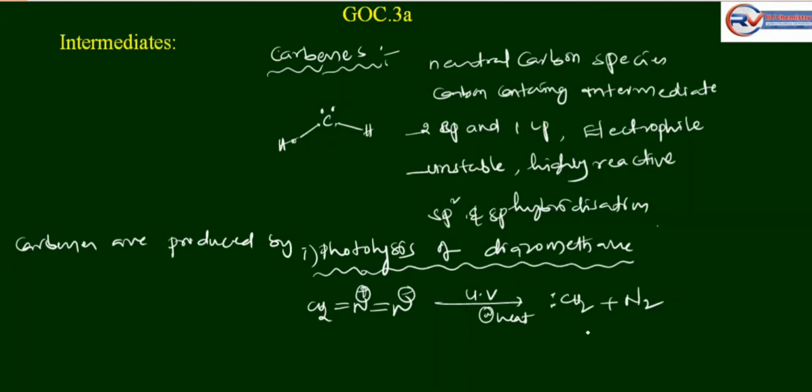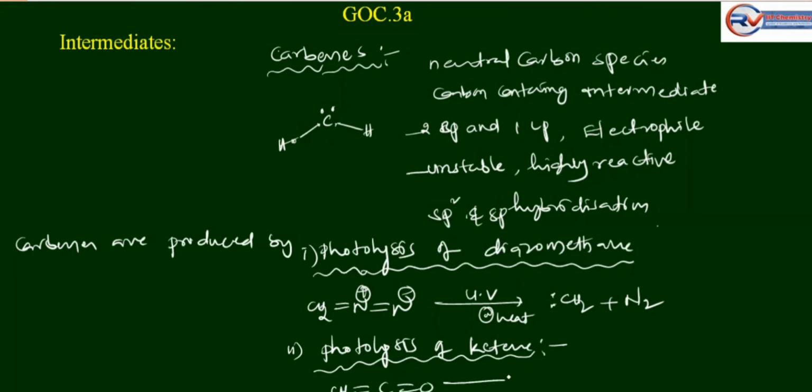The second method of preparation of carbenes is the photolysis of ketene. Ketene, CH2=C=O, in the presence of ultraviolet rays or heat forms a carbene and releases carbon monoxide.